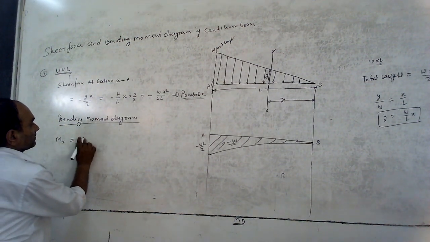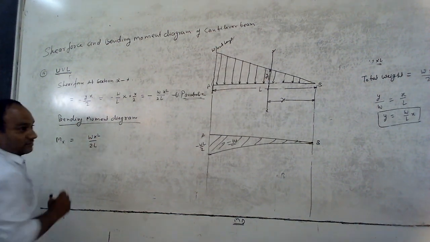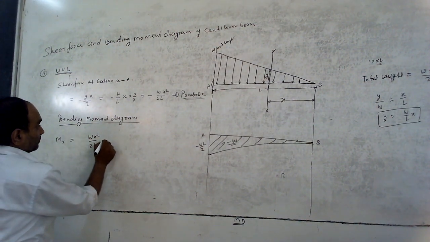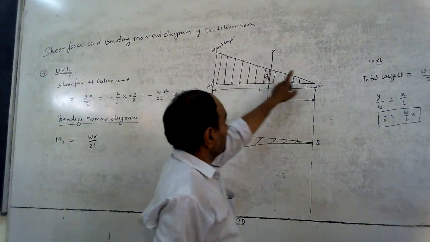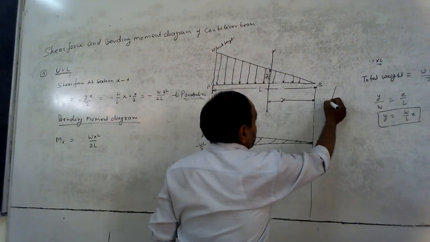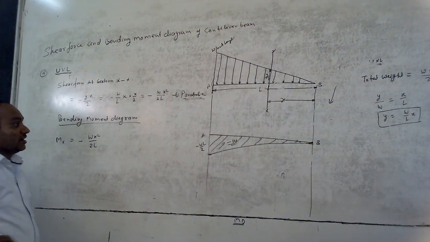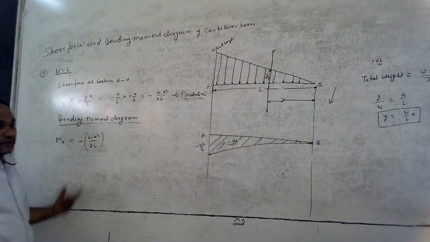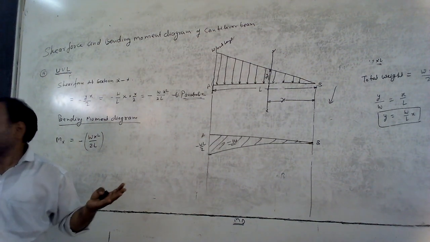Minus KW x square upon 2L. This force is clockwise. It is rotating this beam in the clockwise direction, so this bending moment will be negative. Moment is the force into perpendicular distance. Where will be the centroid of this figure?